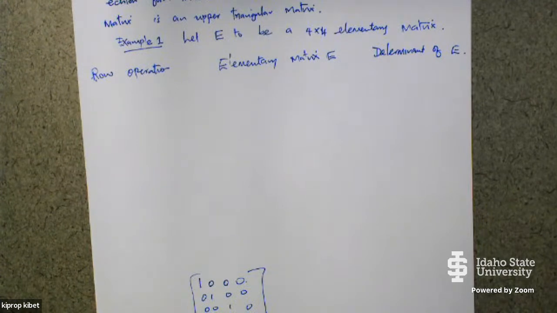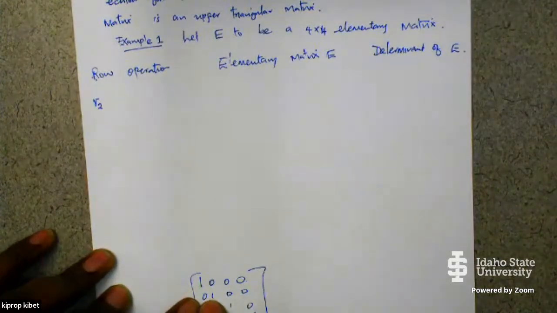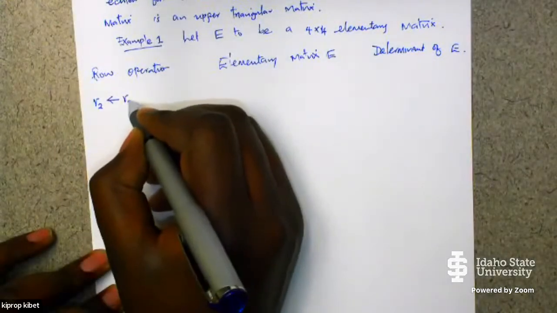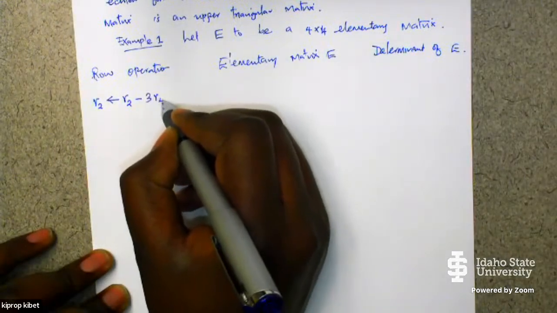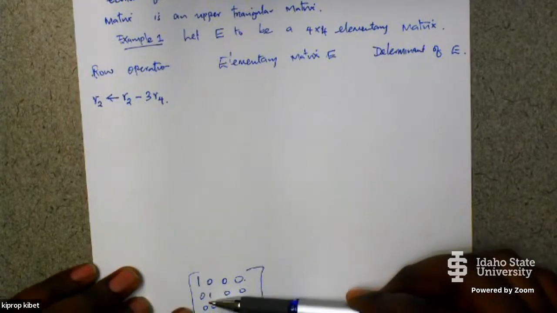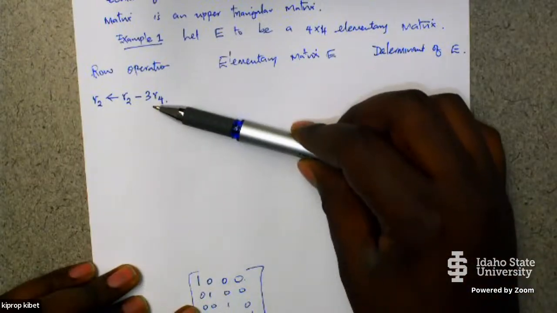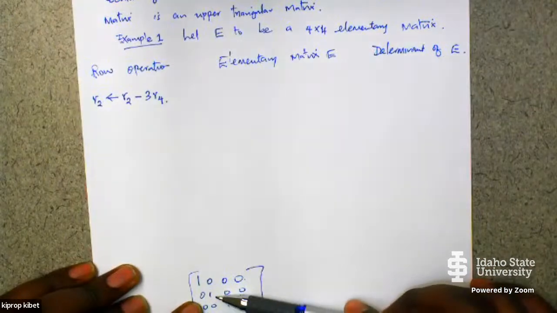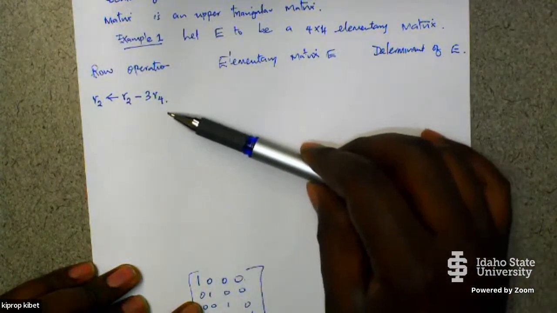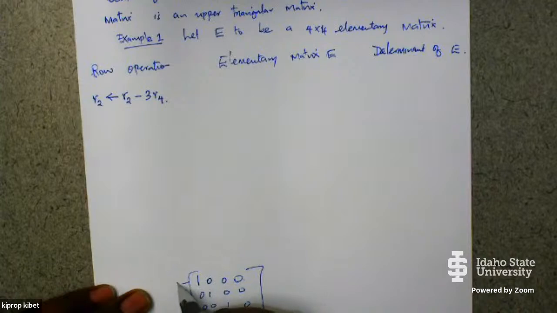Now, if we do the row operation on this matrix, let's say we take the new R2 to be R2 minus 3R4. Rows are row 1, row 2, row 3, and row 4.